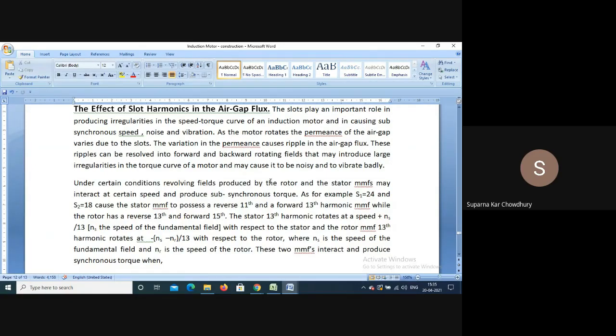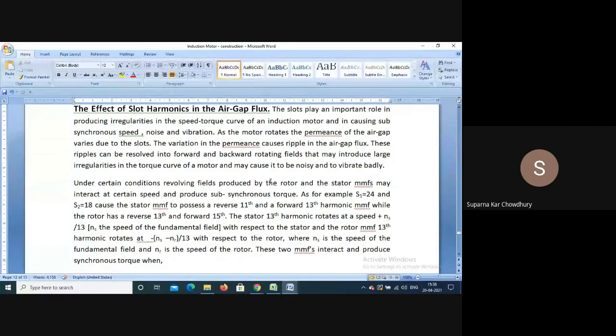So depending on the position of the stator slot and rotor slot, the reluctance of the air gap is changing with time. So even if we consider the MMF to be constant, the flux is MMF divided by the reluctance, and as reluctance is varying with time because of the relative position of the slots, there will be pulsation in the air gap flux.